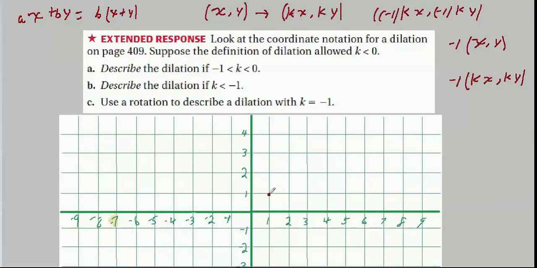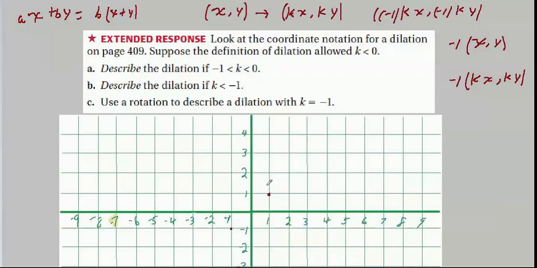Well, this is the image. This is kx and ky. It turns out to be the point (1, 1). Well, if it had originally been negative kx and negative ky, that's just minus 1 times the kx and the ky. If this is (1, 1), then it becomes (minus 1, minus 1). Just like that.